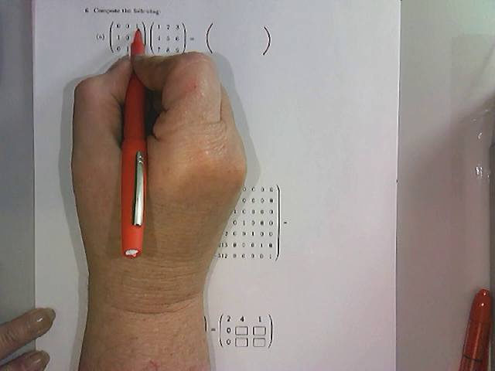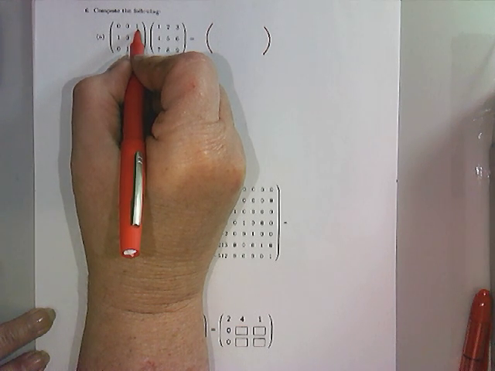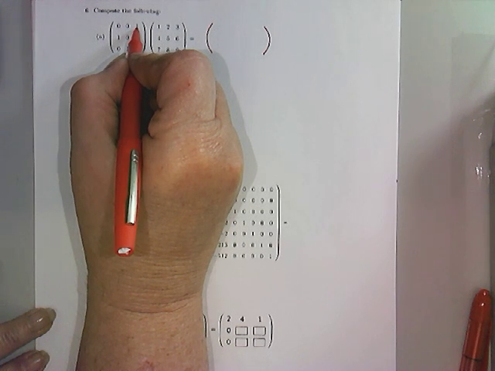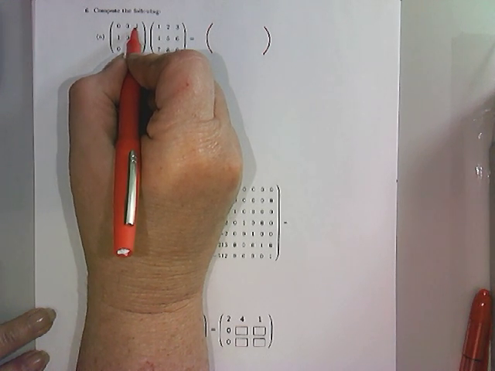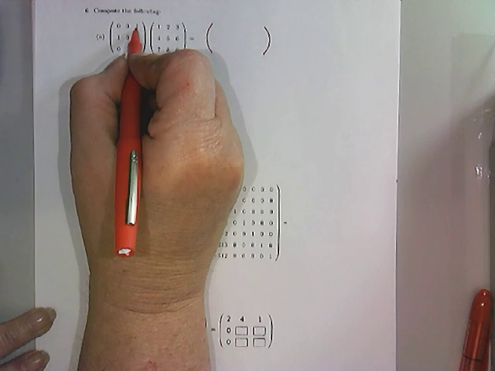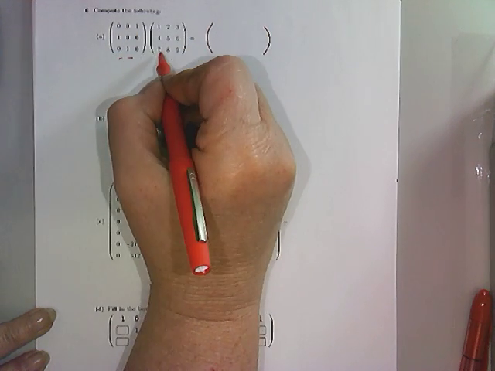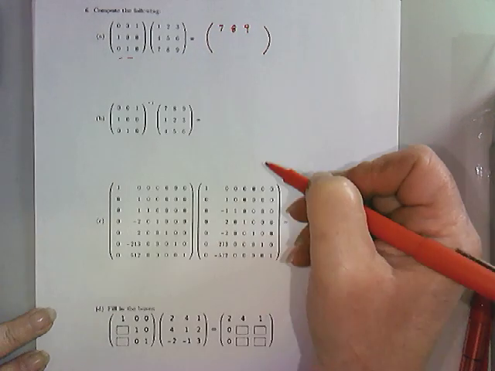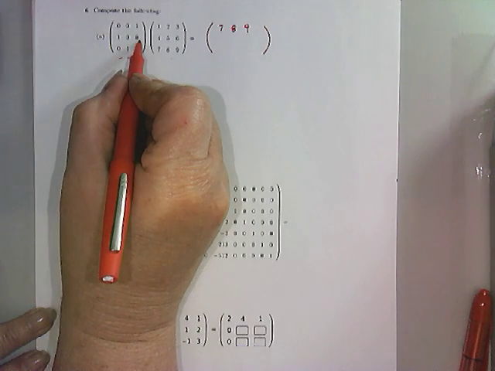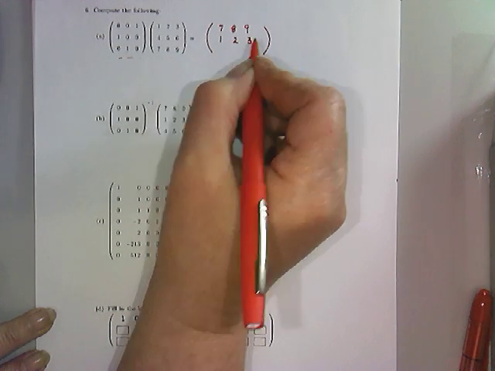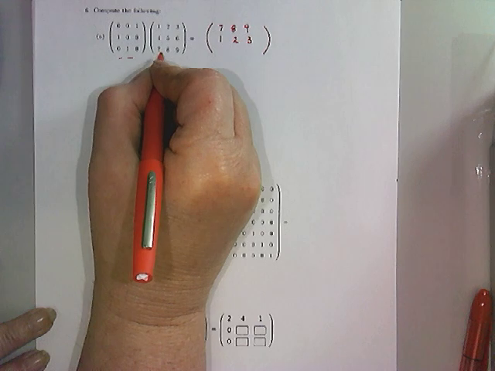Well, the first row here is the unit basis vector transpose with a 1 in its third position, which is what we would call e sub 2 transpose, which means the first row here will be the third row, which is 7, 8, 9 of our original matrix. The next row will be the first, and the last row will be the second.